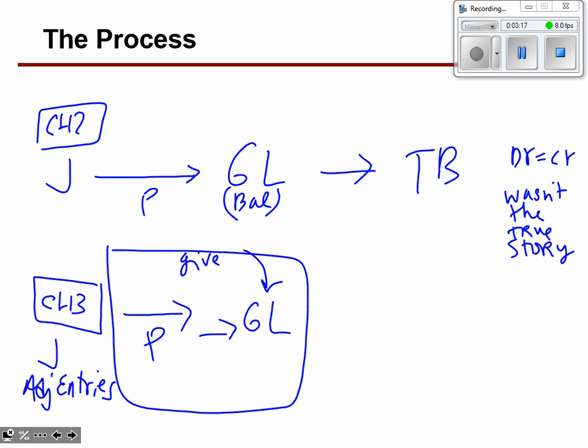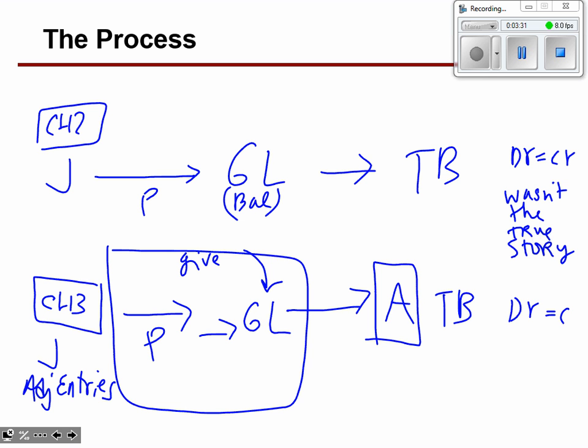Just know that that would have been part of the process. We journalize, we're just not going to go post. But we are going to make an adjusted trial balance. The debits will still equal our credits, but this is the true happy ending. This is the true story because we've adjusted for all that stuff what was used and all the stuff that happened over time.